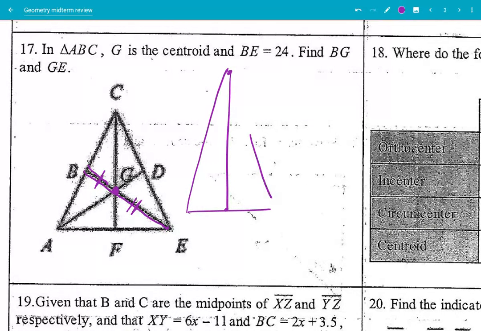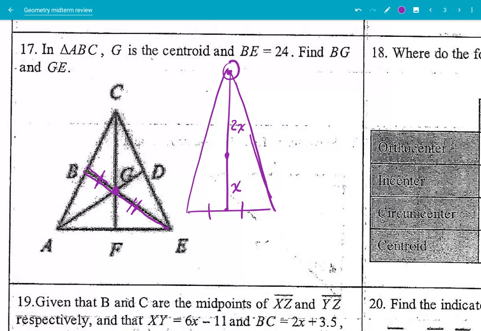The centroid goes from the vertex to the midpoint. And remember, the bottom half's not a half. The bottom piece is 1/3 and the top piece is 2/3 of the entire length.